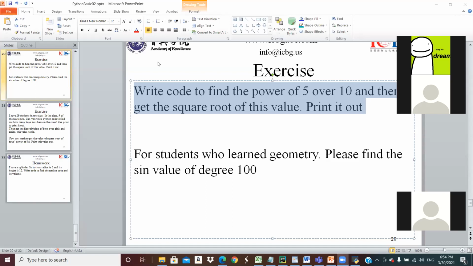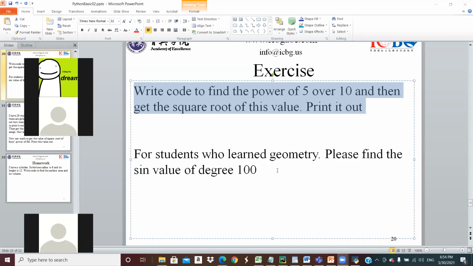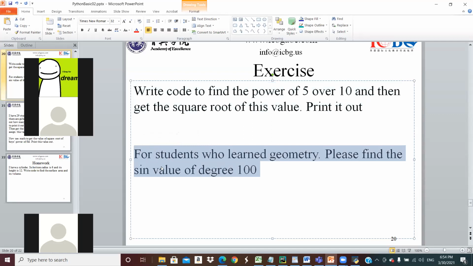If you learned the geometry, this is for you. For students who learned geometry, please find the sine value of 100 degrees. I specifically said that it's degrees, so you need to convert it to a radians value, okay? And then you can use sine.